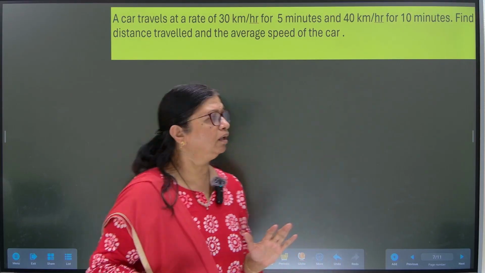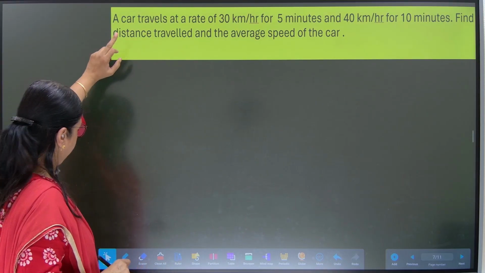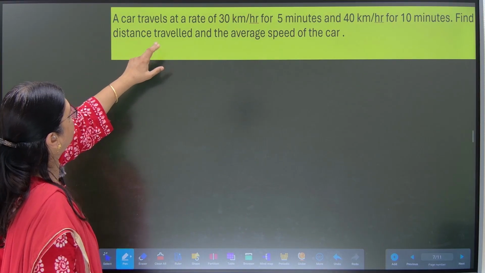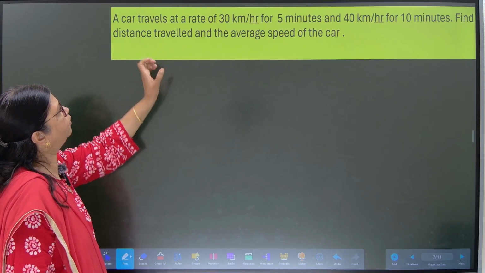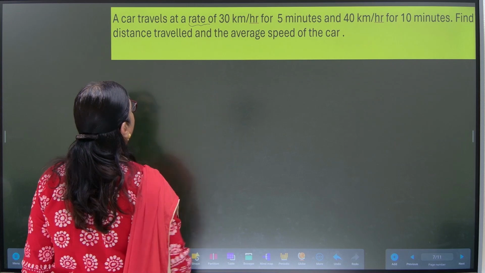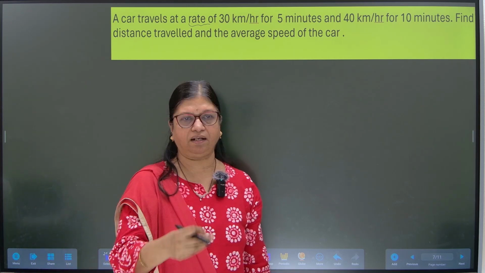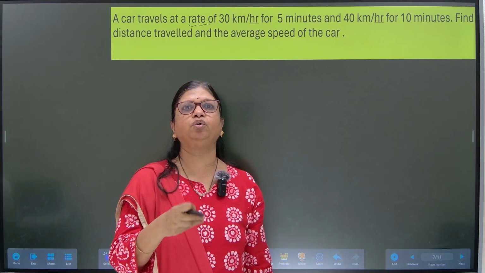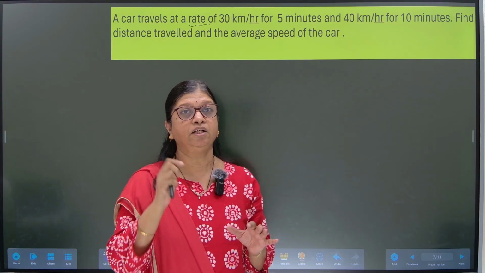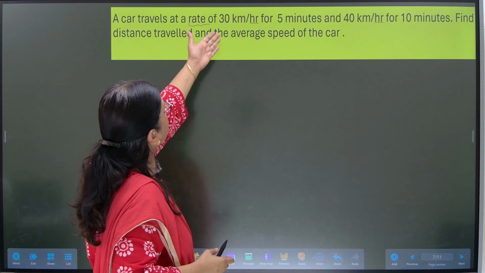Fine. Now here we have a question in which a car is traveling at the rate of. Now sometimes such words, rate of, you don't understand what is this. You still are understanding what you have to do, but you're in 11th standard, so some words may misguide you. Rate of 30 kilometers per hour.